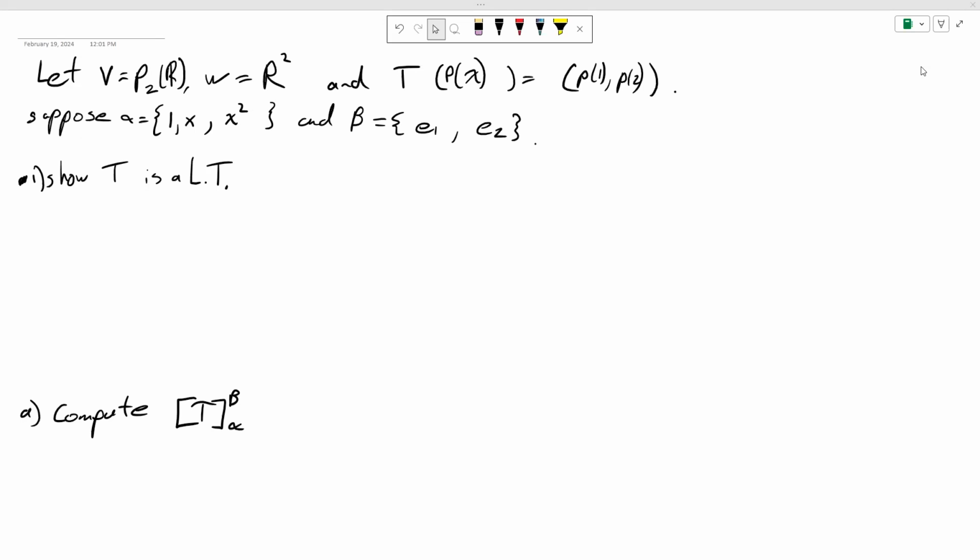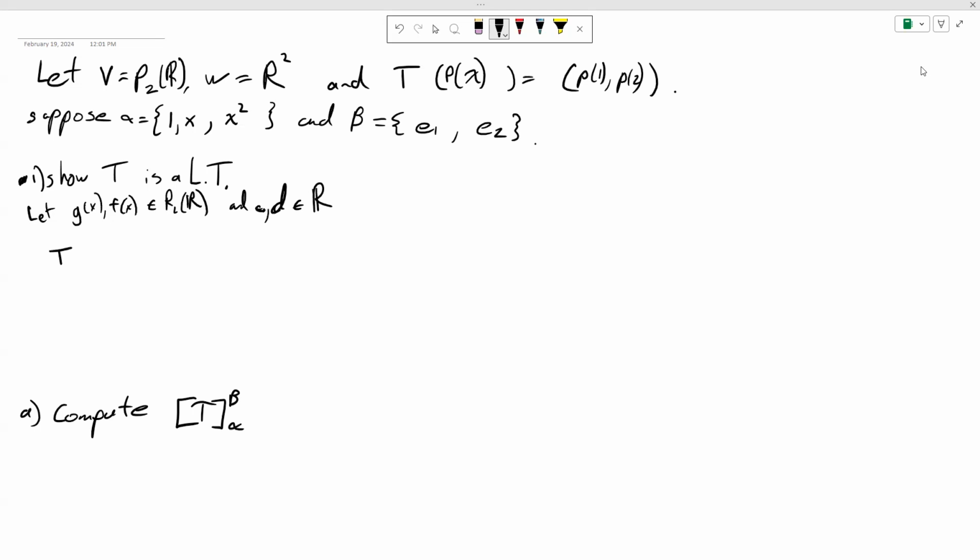First thing we're going to do is show that this transformation is a linear transformation. And to show it's a linear transformation, we're going to let g(x) and f(x) be in P2(R), and c and d be in the set of real numbers because our field is real in this example.